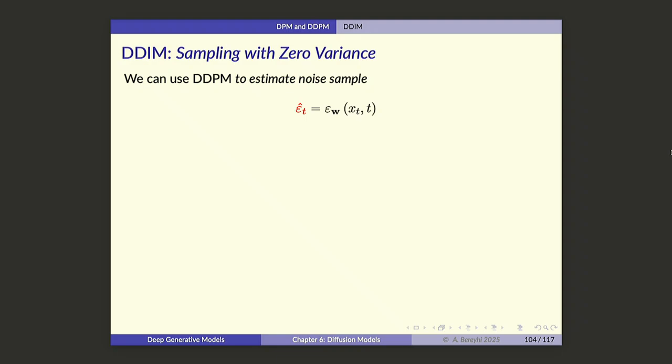So the idea in DDIM is that you would say, okay, if I am at the particular time t, and I have the noisy version xt, which is my original data, if you remember, added with some direct noise, right? So we always could write down at any time step, even though we are moving step by step in time, we always can write everything directly with respect to the original data, right?